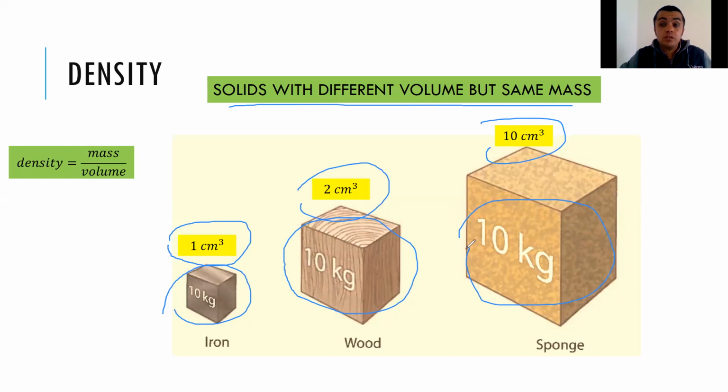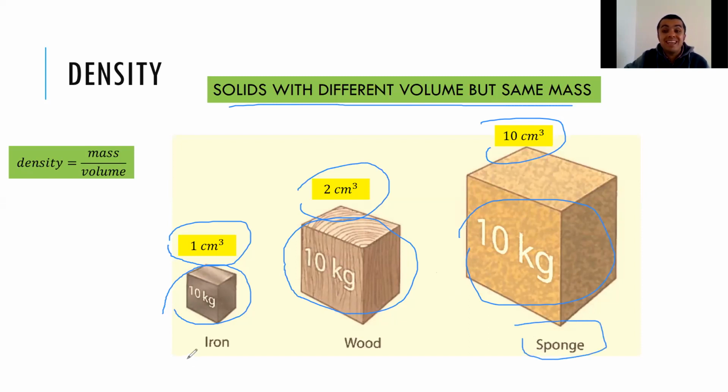So how can I compare the density in the shortest way? If they have the same mass, the one that has more volume has less density. So which one has more volume in this case? The highest volume, the sponge. That one has the lowest density.